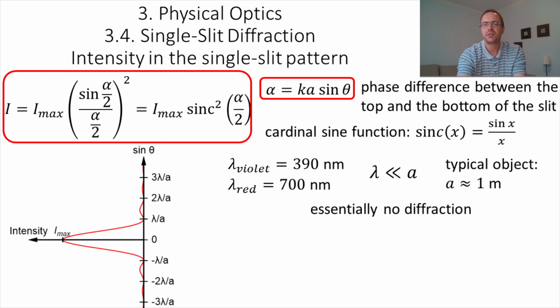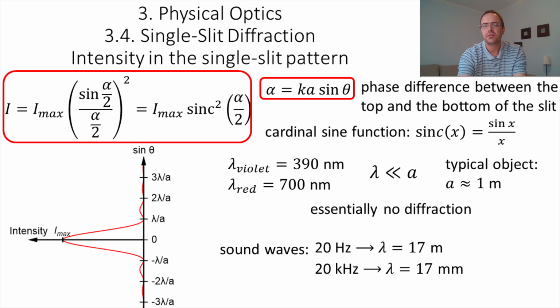But if you consider something like sound waves, remember the hearing range for humans is between 20 Hertz to 20 kilohertz. So that corresponds to wavelengths of 17 meters to 17 millimeters. Right? So that is a kind of wavelength that is comparable to the size of typical objects.